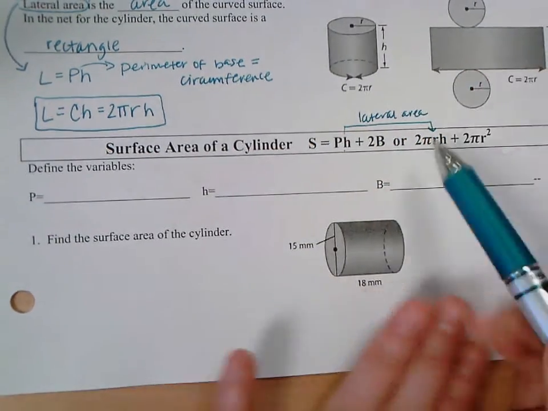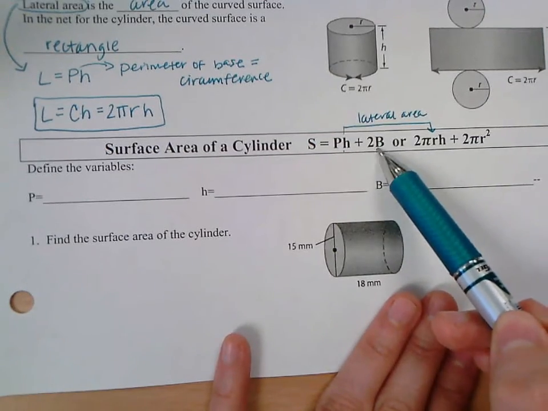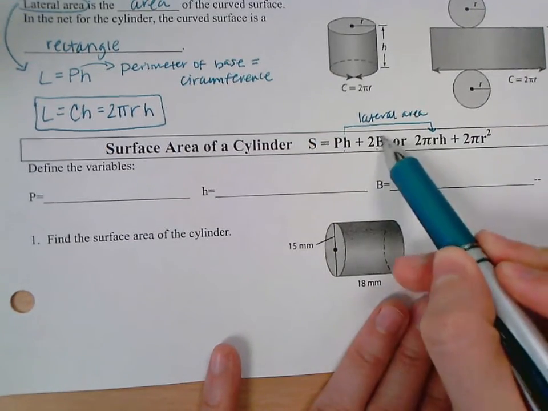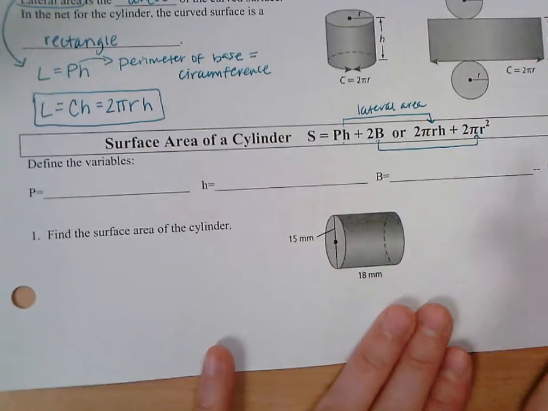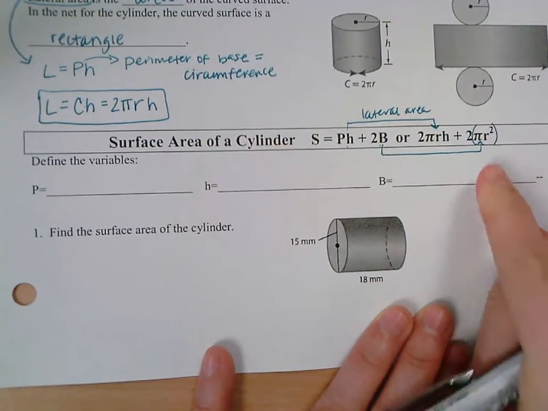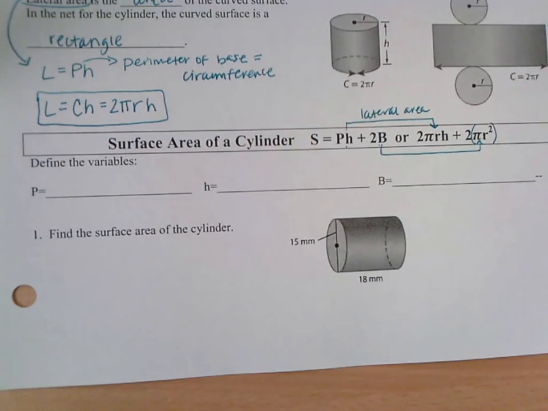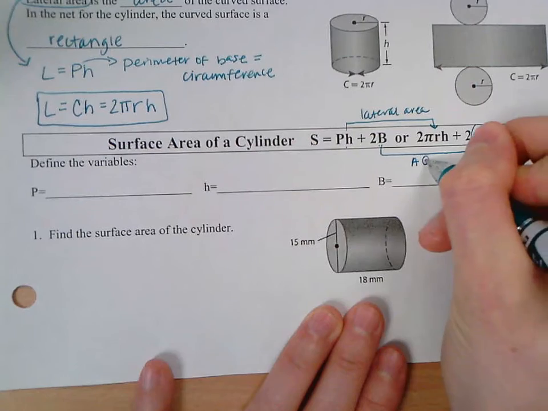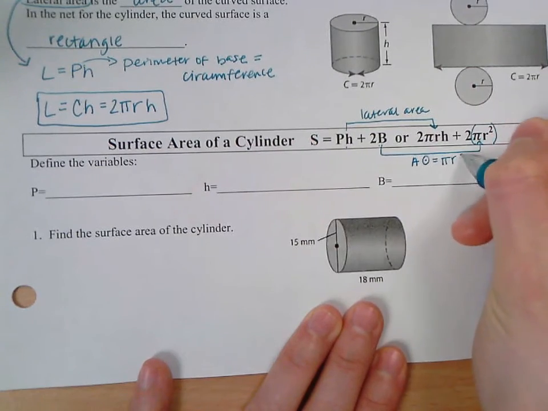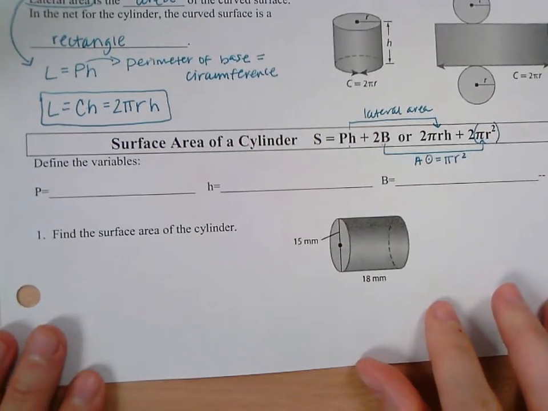And then for 2 times the area of a base, remember capital B is the area of a base. Notice you could also write that this way. Area of a base is pi r squared since your base is a circle. So if you wanted to make that note, area of a circle is pi r squared, and that's why they're writing pi r squared there.